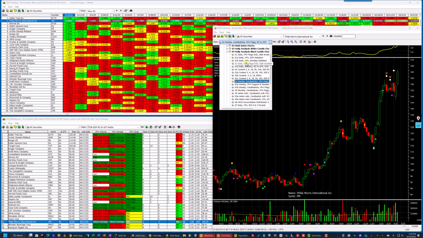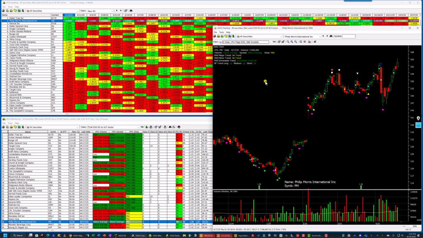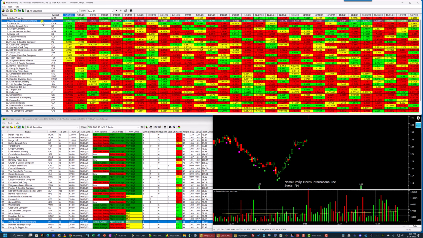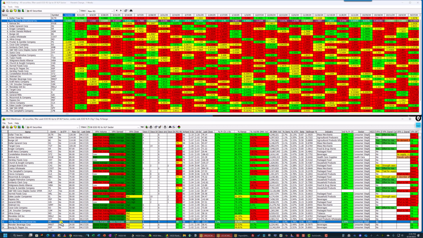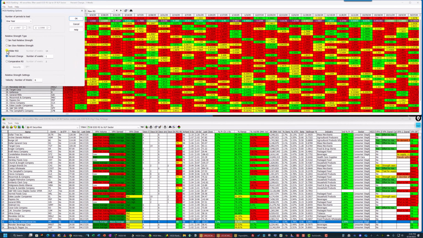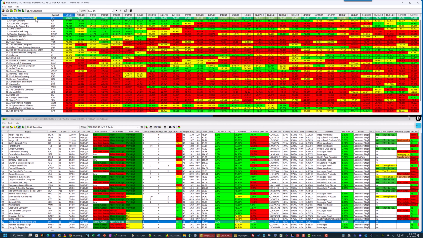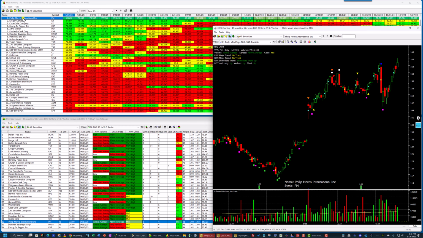So I'll jump over here, but this is a good example of using the ranking module and the warehouse module. This number here is for the week, 6% for the week. This is for the day, and then if I go back to Wilder, 14 weeks, you can see that Philip Morris is on the top. So I know that it's a really strong stock.